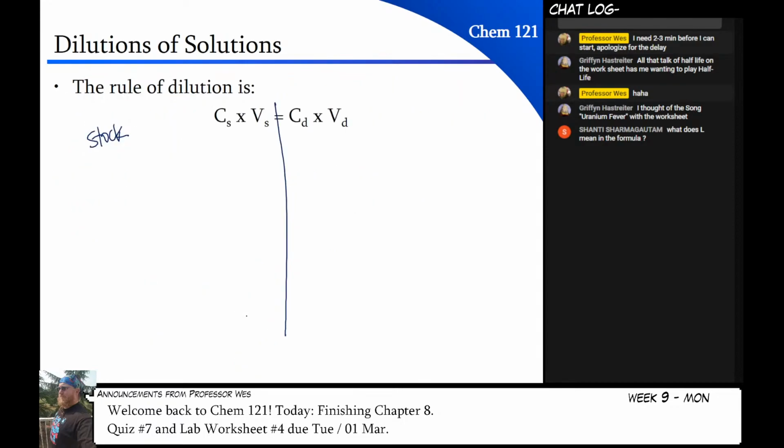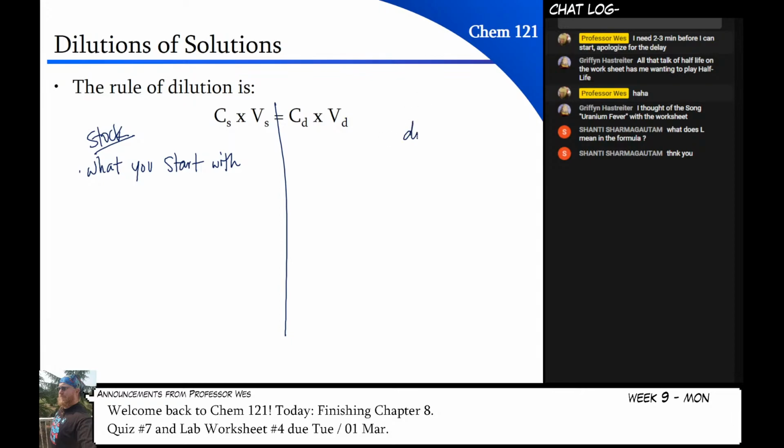All right, here's our formula for dilution. The S side of the equation is the stock side. The stock solution is what you start with. It's in the stock room. You stock the stock solution in like a cupboard or a pantry or a bin or something like that, and you have it handy for later use.